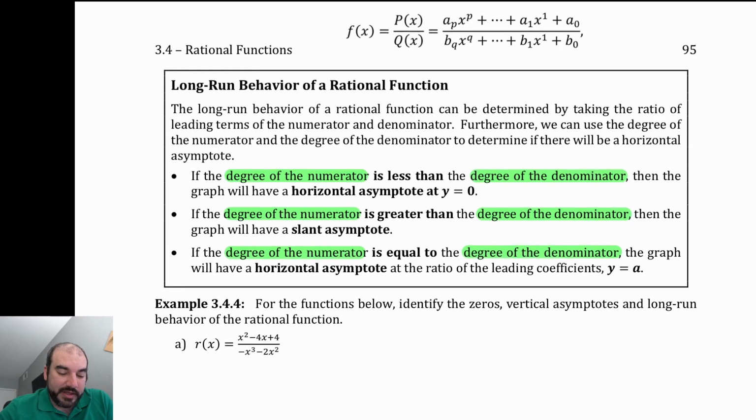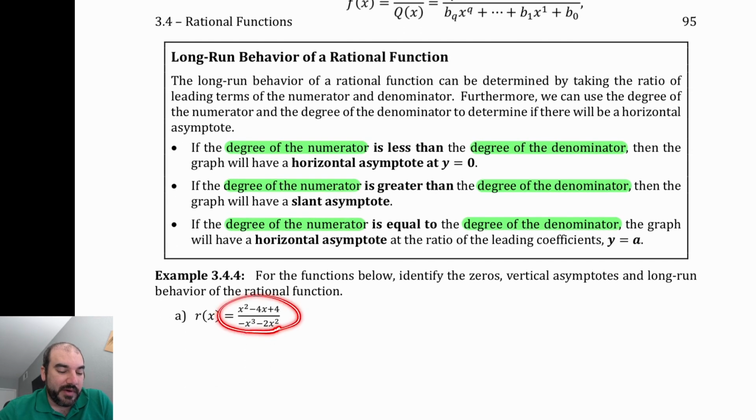In an example like this, down here, we have a rational function. What's the degree of this numerator polynomial? Second degree? Yeah, 2. How do you know that? Because of the exponents.